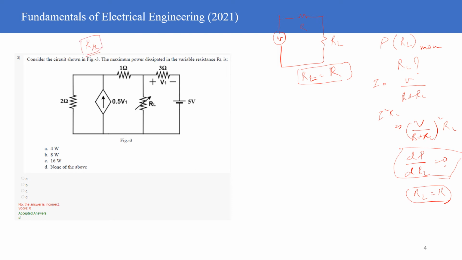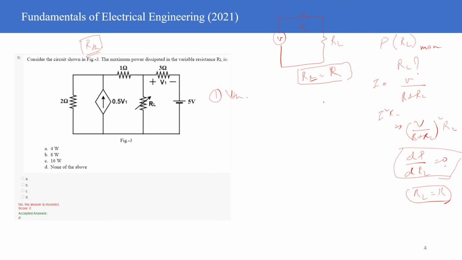Right. Okay, someone else has joined. So, how do you figure out the power in this particular case? There are two objectives which you must cover. First is the determination of V Thevenin, because you would require it in determining the power.